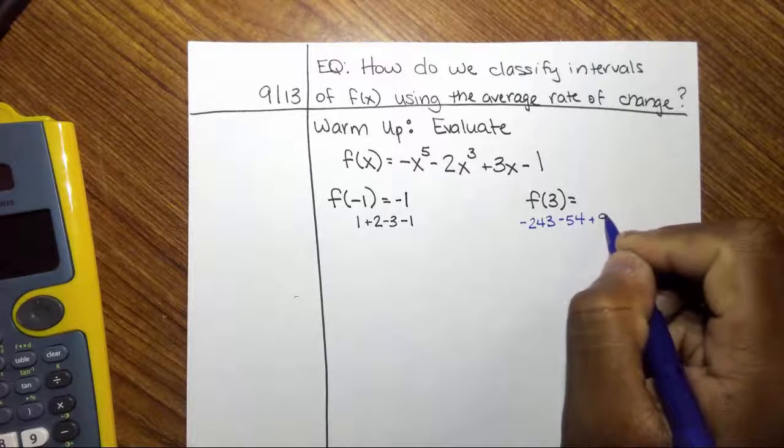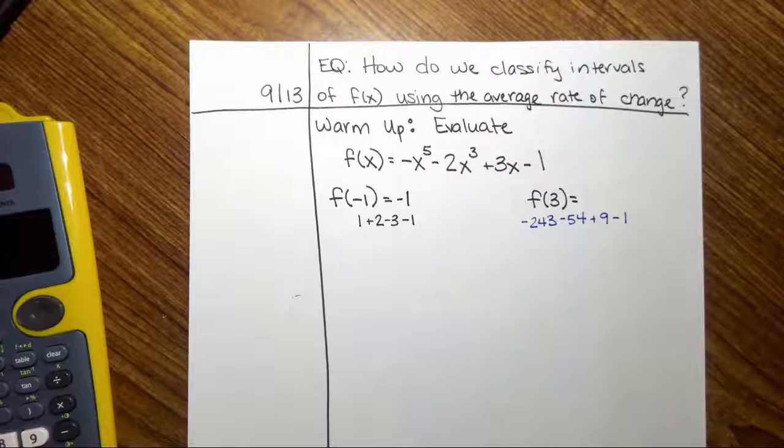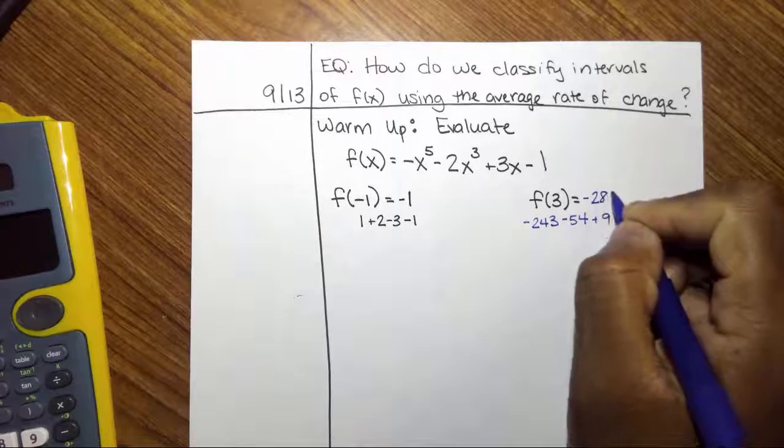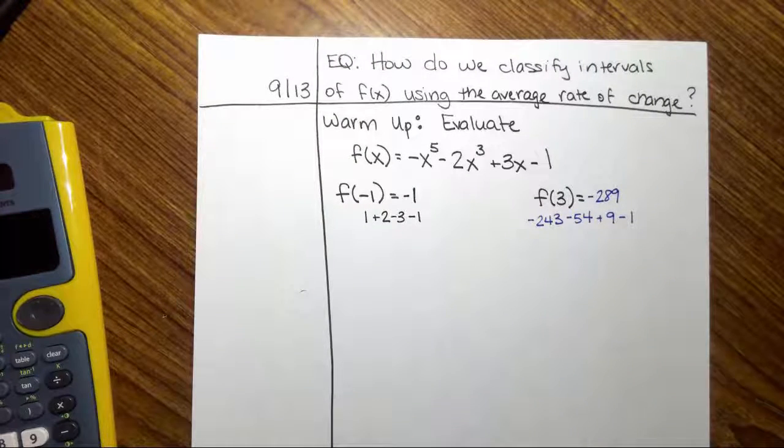Plus 3 times 3 is 9, minus 1. That equals negative 289. A little more work, but we can do it though, right?